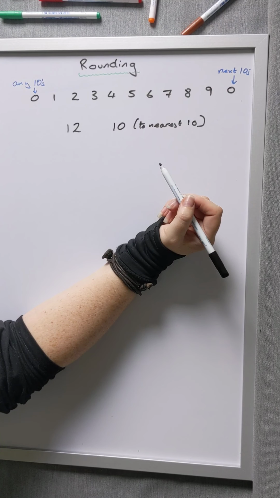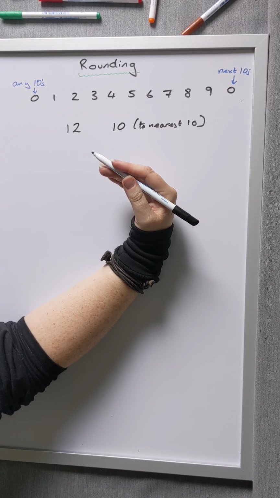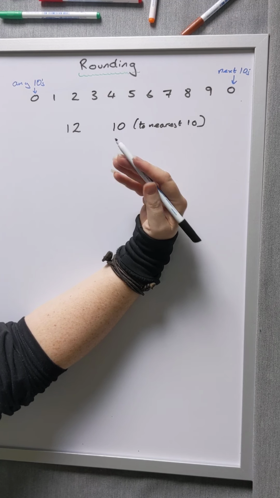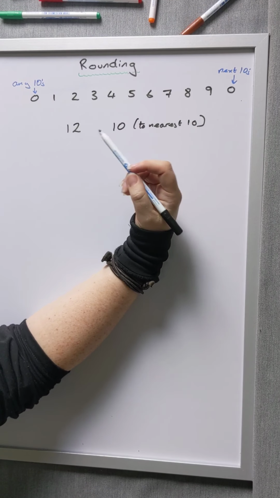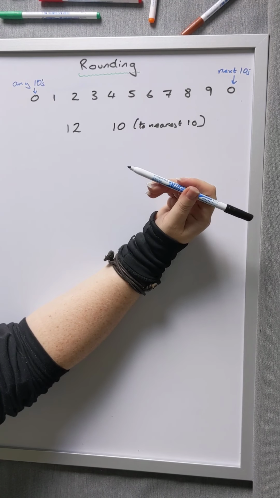Now this happens the same regardless of whether we're rounding to the nearest number, or the nearest 10, the nearest 100, 1,000, million, or to the nearest decimal place.